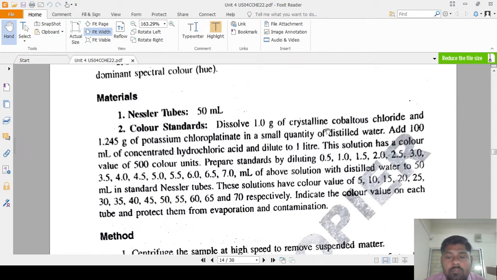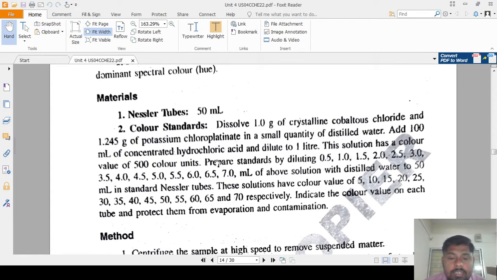That is 1 gram of crystalline cobaltous chloride and 1.245 gram of potassium chloroplatinate in a small quantity of distilled water. So, 2 materials are mixed here. Then 100 ml of concentrated HCl, hydrochloric acid, is added and it is diluted to 1 liter.